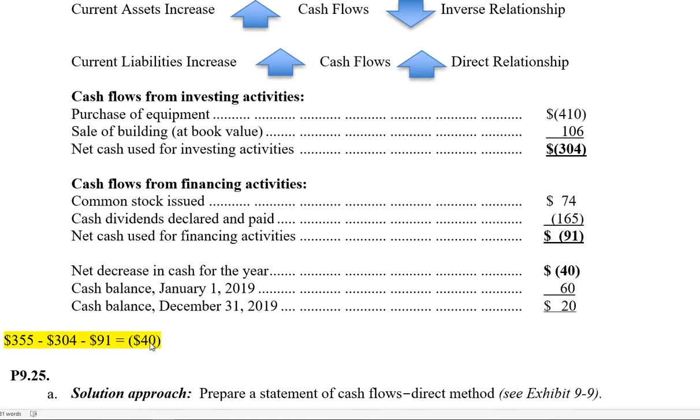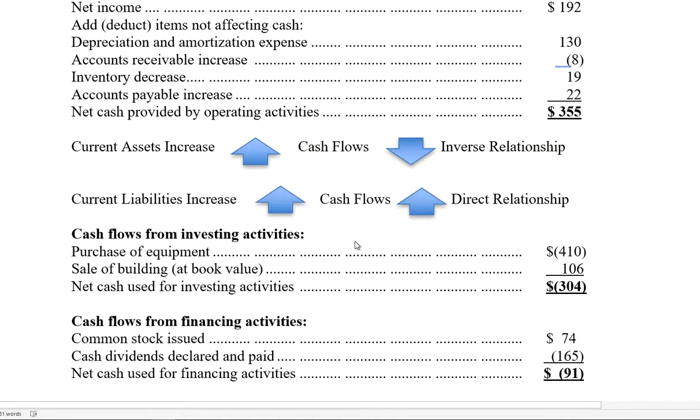Our cash account should reflect a decrease of $40 because what we're doing is we're taking all of our accruals, converting them to cash, and then we're taking all of our cash flows and documenting them on a statement. That's all we're simply doing with a cash flow statement.